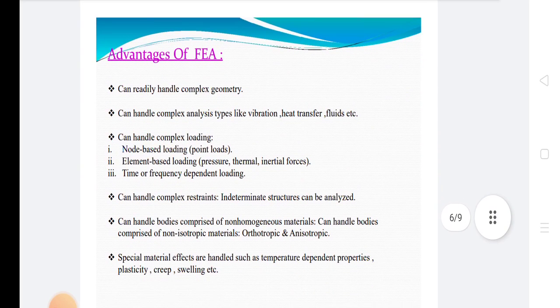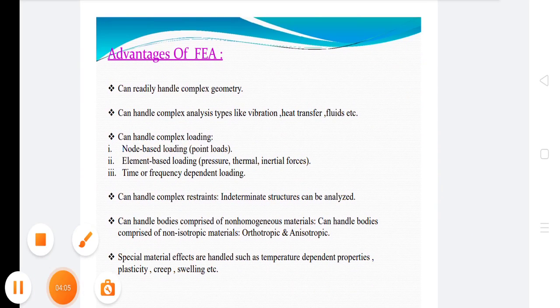Now we discuss the advantages of FEA. It can readily handle complex geometry. It can handle complex analysis types like vibration, heat transfer, and fluids. It can handle complex loading like node-based loading (point loads), element-based loading like pressure, thermal and inertial forces, and time or frequency dependent loading.